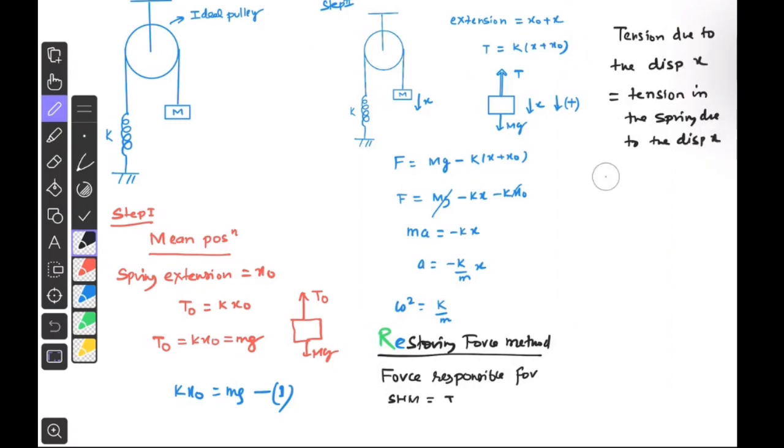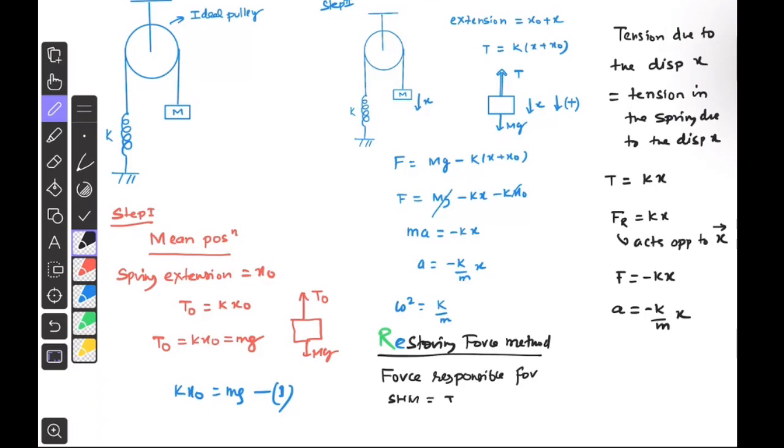So the spring tension due to displacement will be kx. So the restoring force will be kx, and we know the restoring force acts opposite to the displacement x given. So what will be the net force? Minus kx. It's simple like that. After that everything will be the same. I hope you understood the restoring force method.